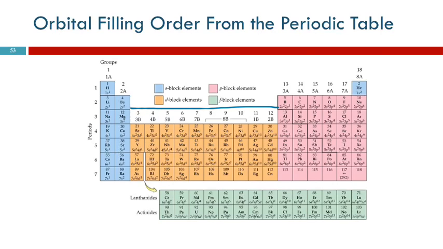So for the D block elements, this represents n equals 1, n equals 2, etc. For the D block, it's n minus 1. So this is the fourth period. In here, this isn't 4D, this is 4 minus 1.